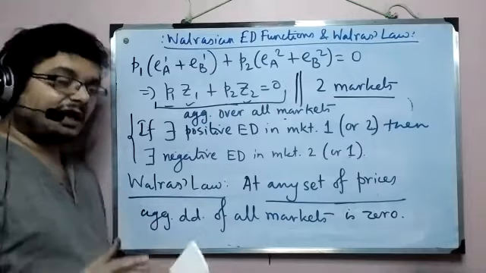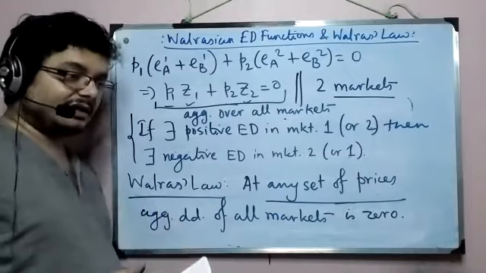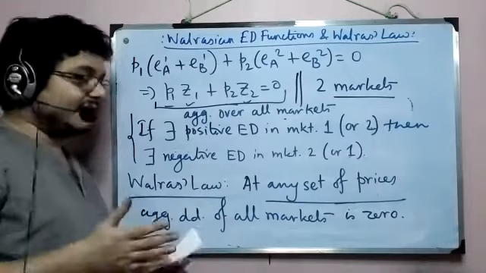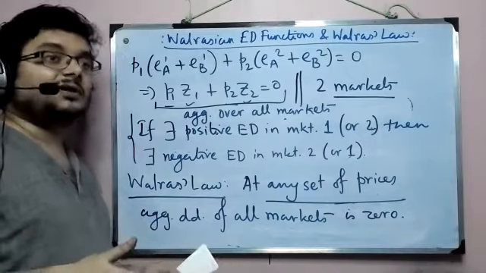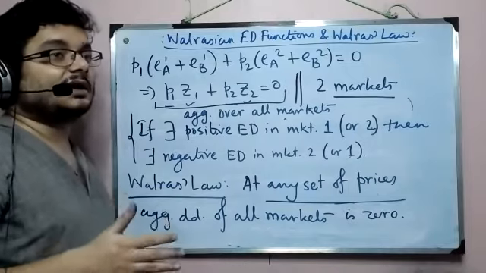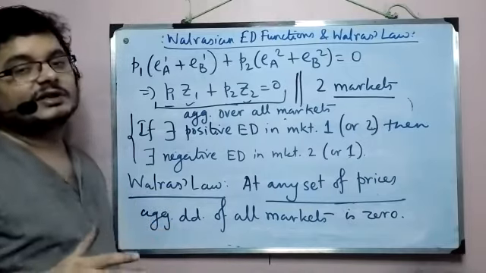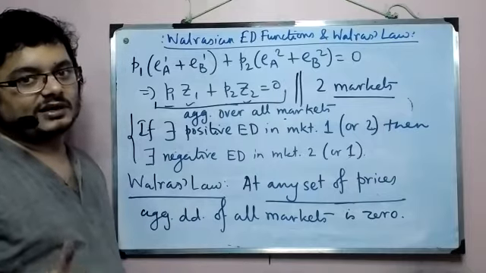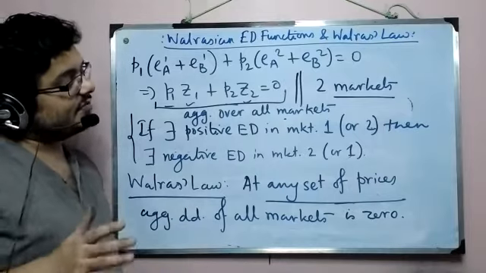But if you have excess demand in one market at any arbitrarily chosen set of prices, then market 1 has excess demand, so that means market 2 has excess supply. Okay, so that's the important thing.